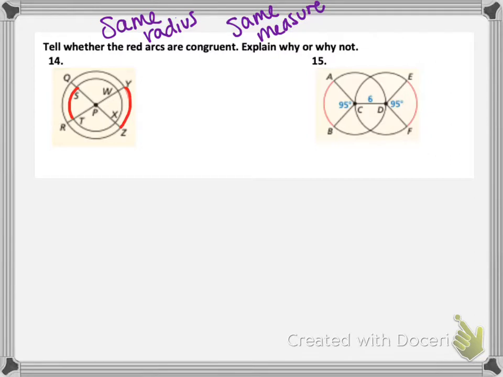Reason being, they don't have the same radius. So the radius for this first arc is from the center to the edge. And for the second arc, center to the edge. So they're not going to have the same radius length, so they would be not congruent because they don't have congruent radii. So, okay, I'm just going to say radii are not congruent.